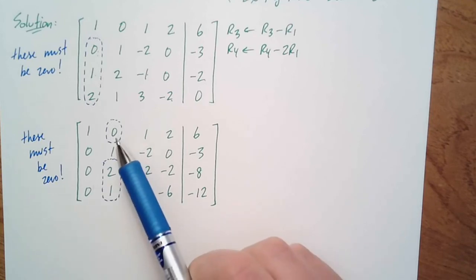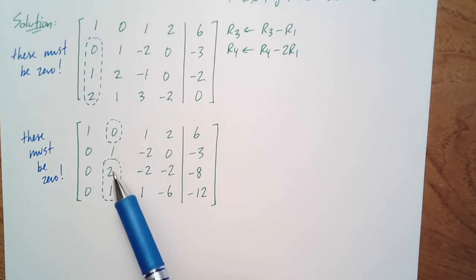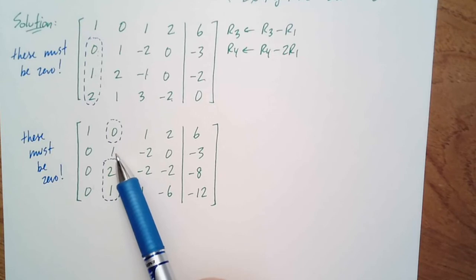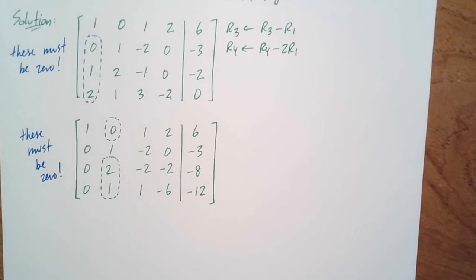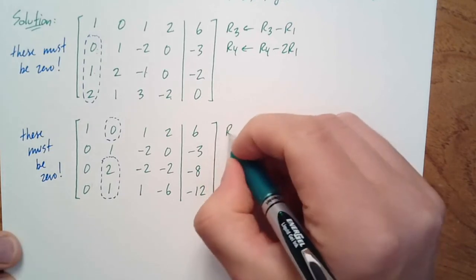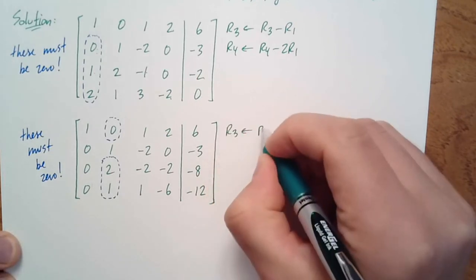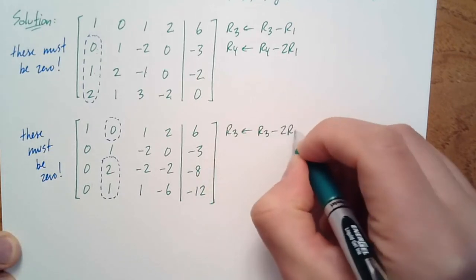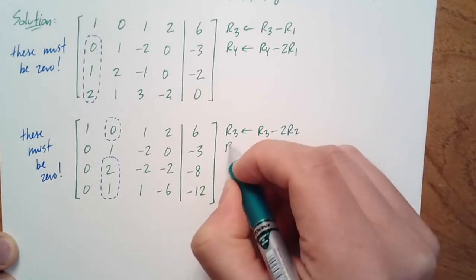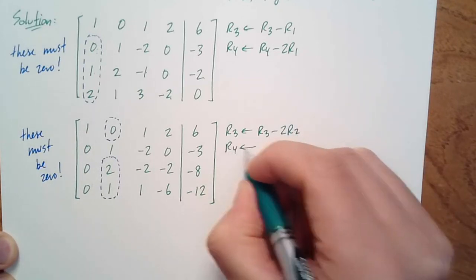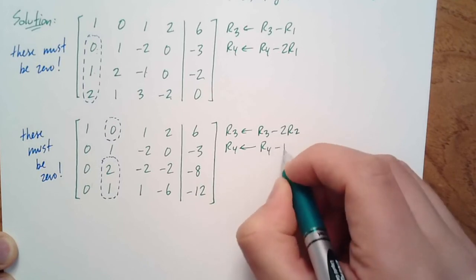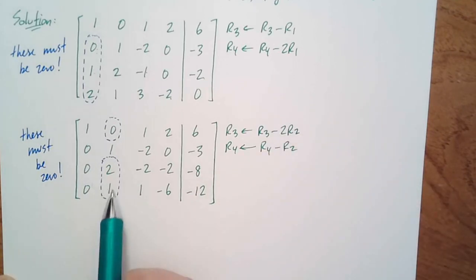So we don't have to do any action here. This is already a 0. But for this 2, we can take care of it with this leading 1. So let's subtract row 2 from row 3 twice. And then we can subtract row 2 from row 4 once. And that'll have the effect of getting rid of this 1.